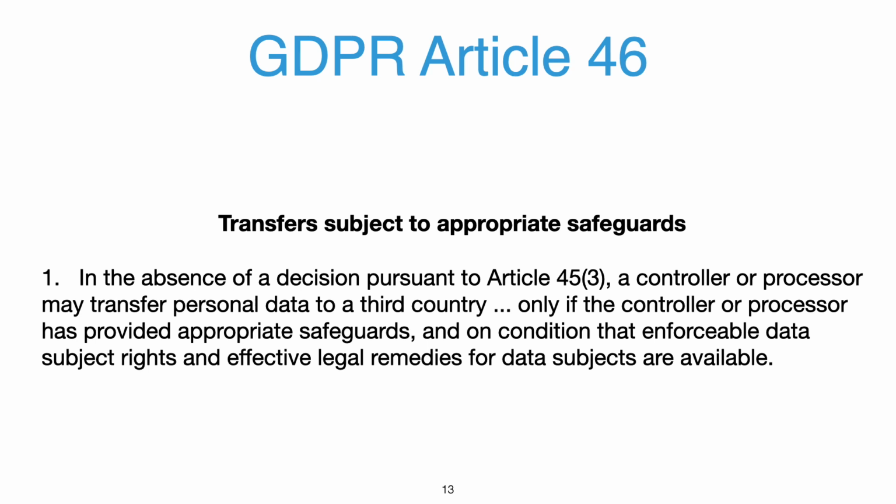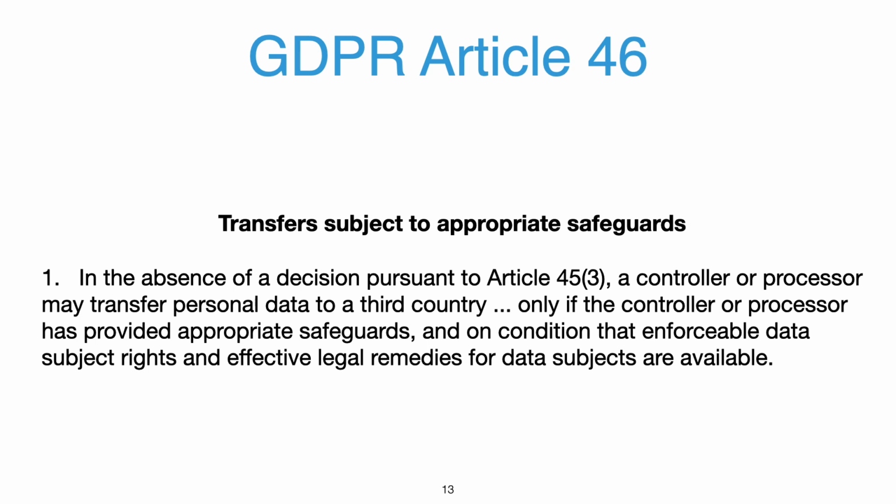So in the absence of a decision pursuant to Article 45.3, so that's the adequacy decision, a controller or processor may transfer data to a third country only if the controller or processor has provided appropriate safeguards and on condition that enforceable data subject rights and effective legal remedies for data subjects are available. So there is a way out.